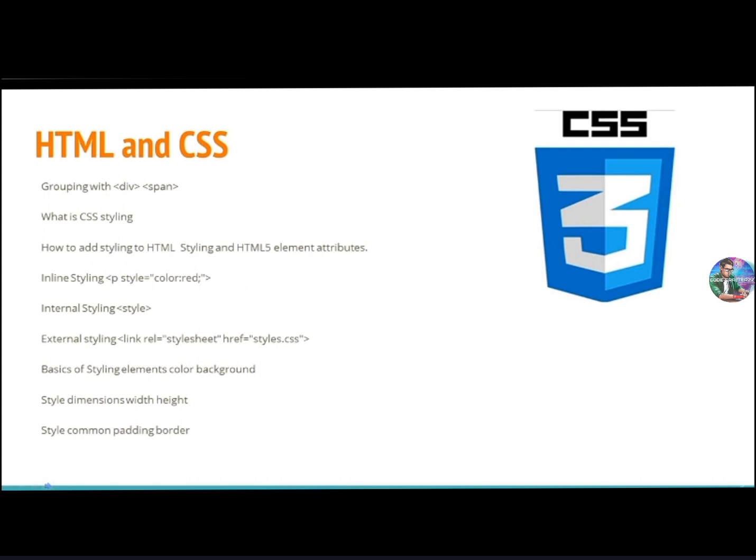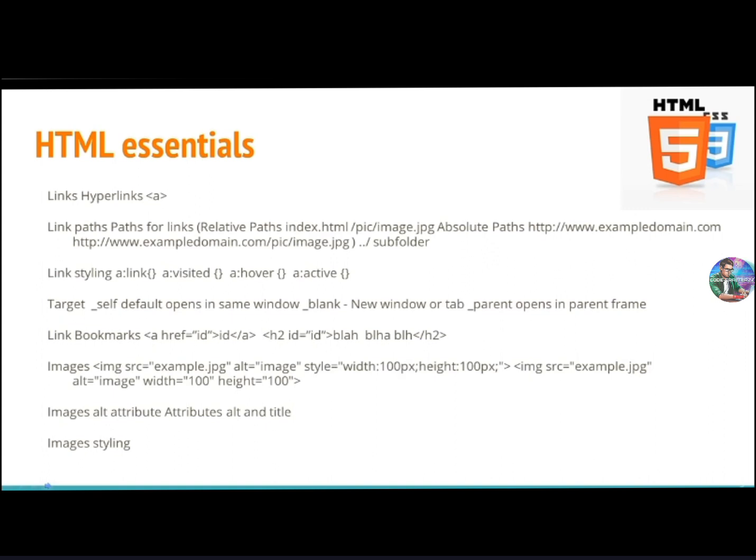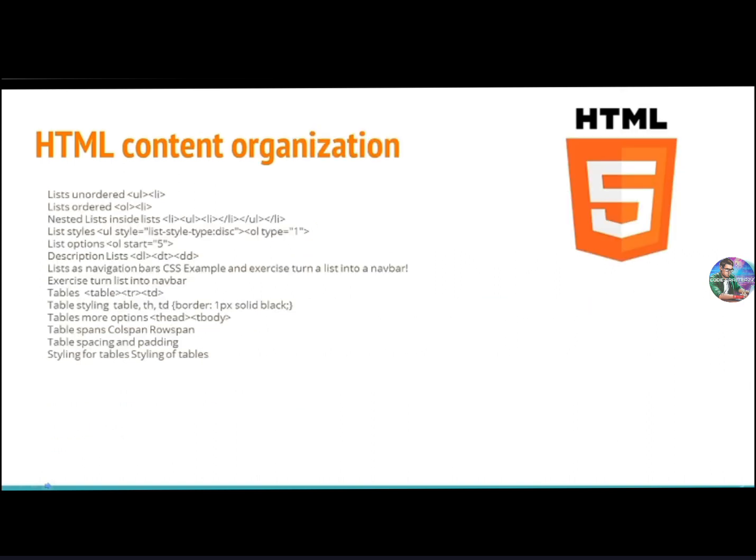So introducing HTML and CSS together and how they work together and what you can start doing just with a few simple statements in CSS and how you can transform the way your web page actually looks. I'm going to jump back into HTML and look at the essentials of HTML. So this includes building out hyperlinks and how we can do images.